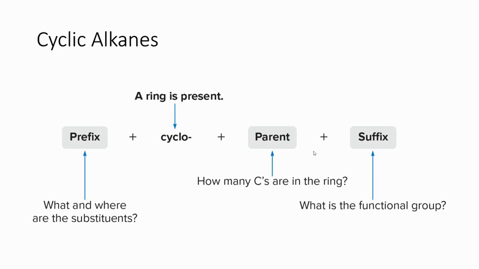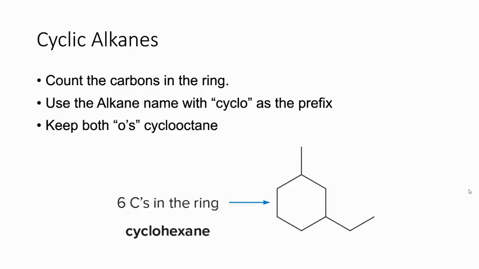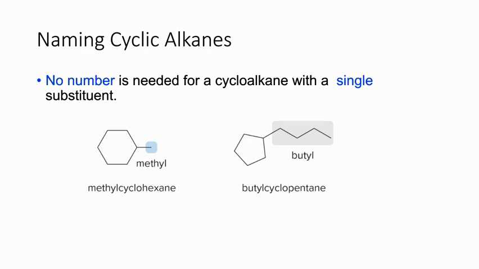Okay, so practice that. We're going to count the carbons in the ring, if there's a circle, a ring structure. So this one has 1, 2, 3, 4, 5, 6. When we number this, we want to minimize the number of the first group.